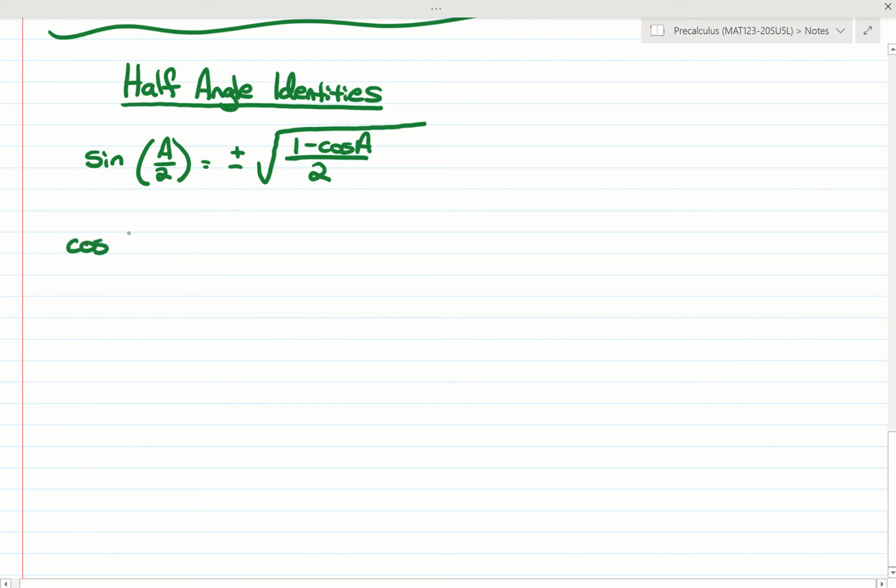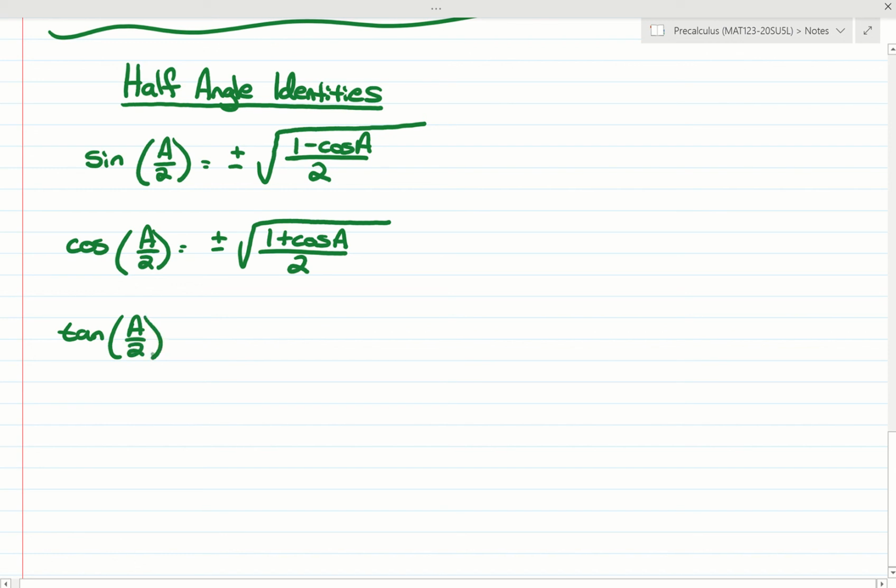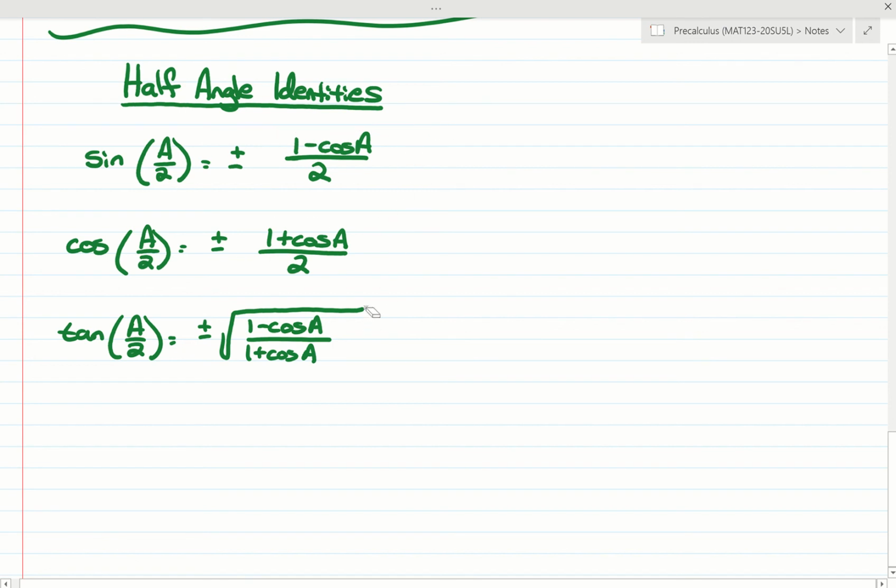The cosine of a half angle is equal to plus or minus the square root of 1 plus the cosine of A over 2, and the tangent of A over 2 is equal to plus or minus the square root of 1 minus the cosine of A over 1 plus the cosine of A. So those are our half angle identities. I'm just going to clean this up a little bit. I'll draw some smaller radicals so it looks nice and pretty.